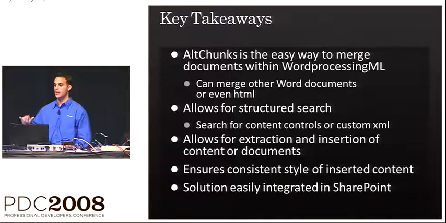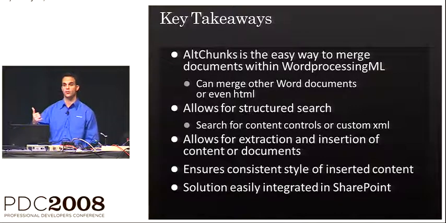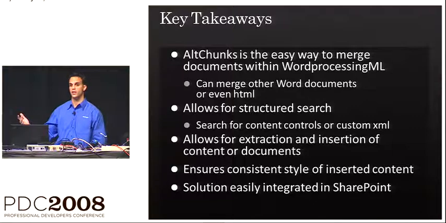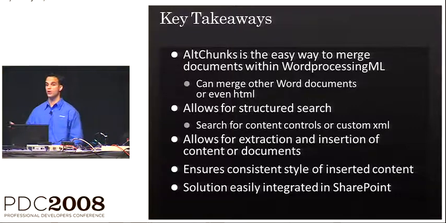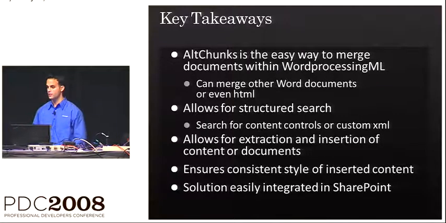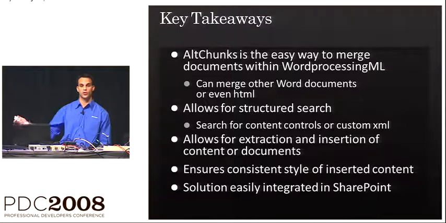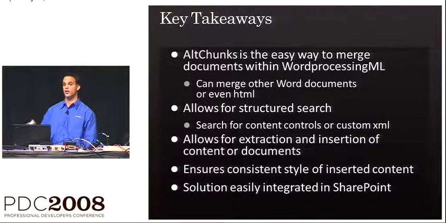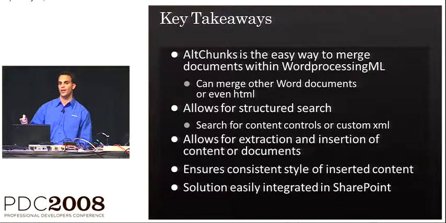Then I easily swapped out my content controls with other content, using altChunks as an embedding source file instead of the content control itself. I've integrated this solution within SharePoint, and I'm going to provide the code up on Channel 9 and on Eric White's blog for both of these solutions, the SharePoint one and the one I just showed.